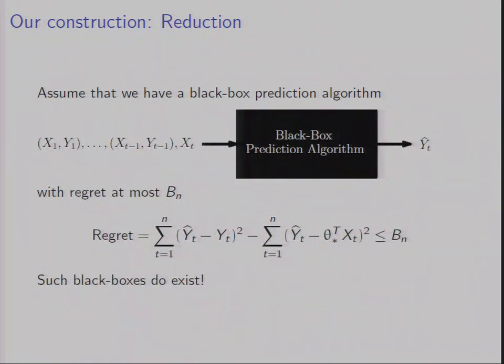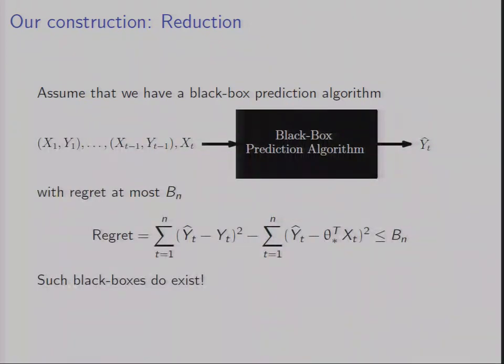So think of it as an online prediction algorithm. I show it x1 and I ask it to predict y1. Then it does some update on its internal parameters. Then I show it x2. It spits out y2. I show it x3 and so forth.